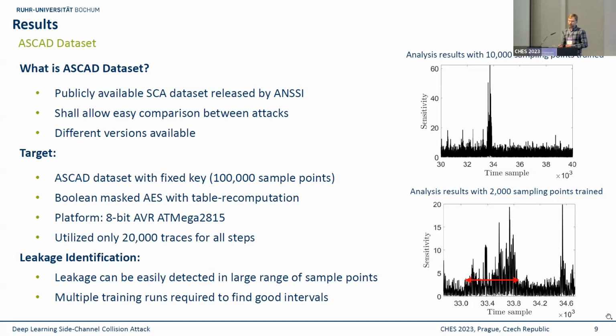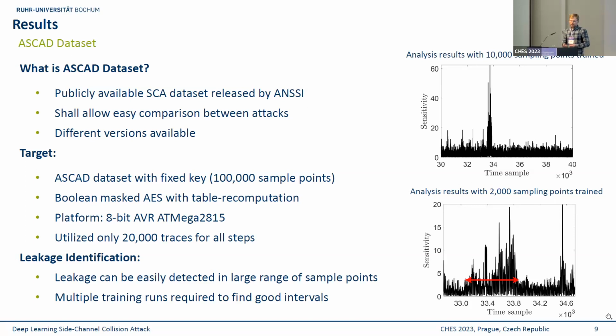There are different versions available, but we focused on the first version, which was recorded with a fixed key and contains 60,000 traces with 100,000 sample points each. The underlying implementation is a Boolean masked AES with table recomputation running on an 8-bit AVR ATmega. For all our steps, we only utilized 20,000 traces.